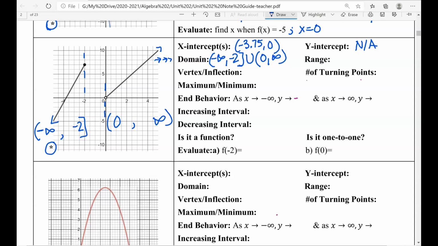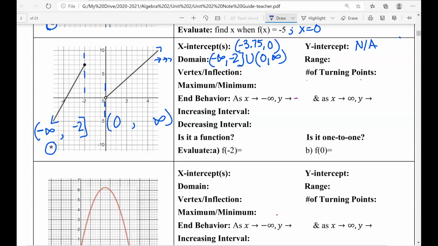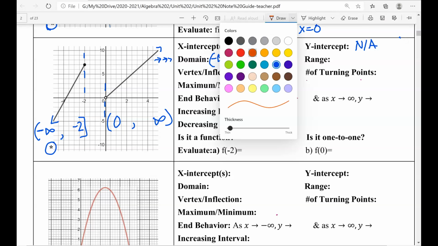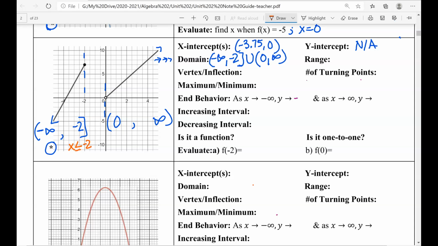Now, how would you write that old school? Well, let me get a different color pen so I can show you. What if I want to write it as an inequality? That's okay too. Inequality meaning x is in between, inclusive, so that's why there's an equal sign, -2, and then non-inclusive at -infinity. Then over here, we write x in between.